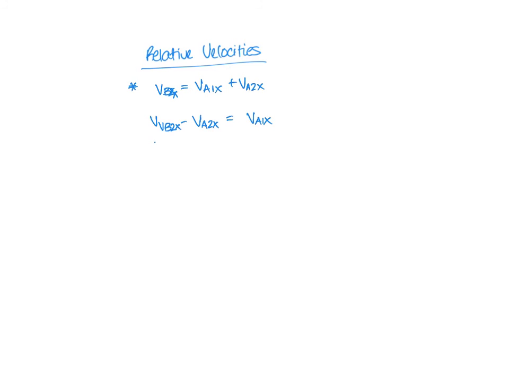Now, when we look at this, this is really talking about the relative velocity of B to A. So how fast is B going compared to A after the collision?